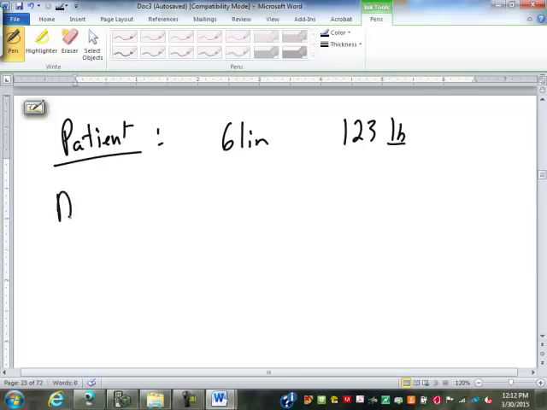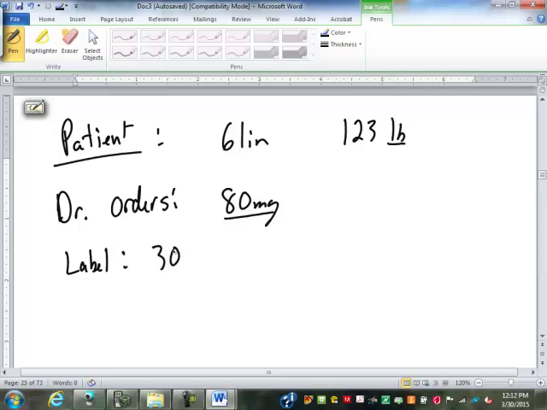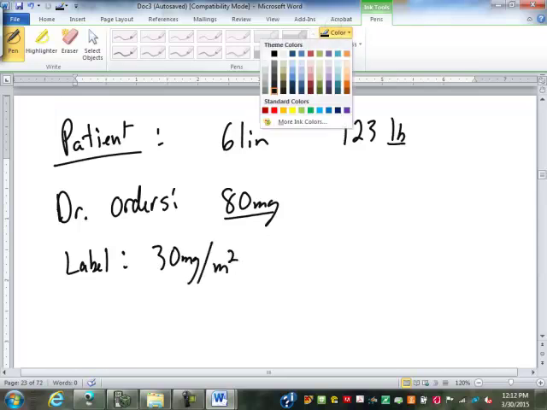The doctor orders, let's do this, let's say they order 80 milligrams of medication to be administered. And let's say the label on the bottle says up to 30 milligrams per square meter of body surface area.